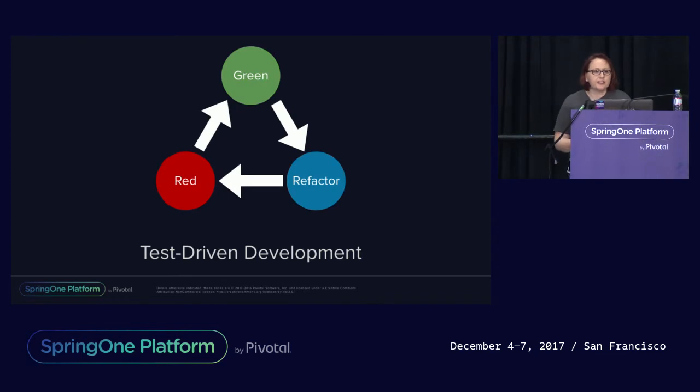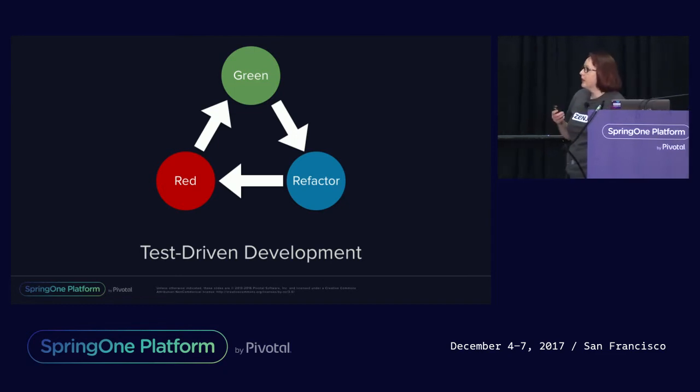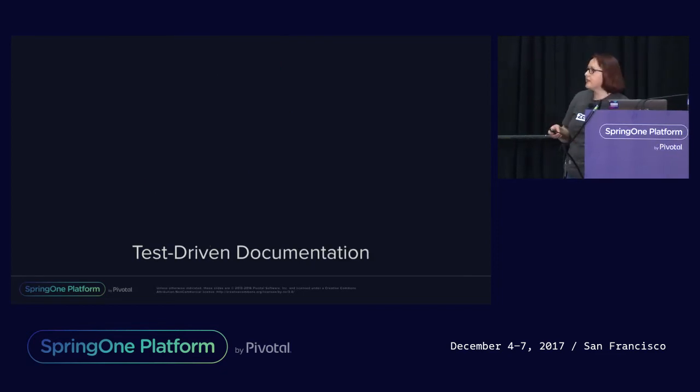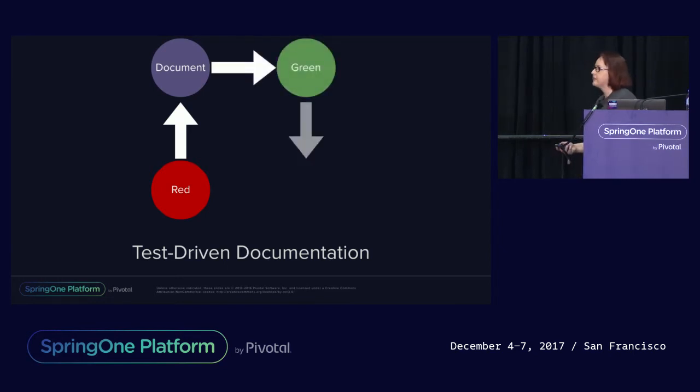So this came out of the idea that there has to be something better, right? That we had some problems, but we can fix some. So the biggest problem that we saw was in maintaining the test cycle, and maybe we could use this to generate documentation too. So we start with our basic red-green refactor test-driven development, and now I'm going to make it test-driven documentation. So I'm going to start with a failing test and add some documentation, and now our tests are going to pass again.